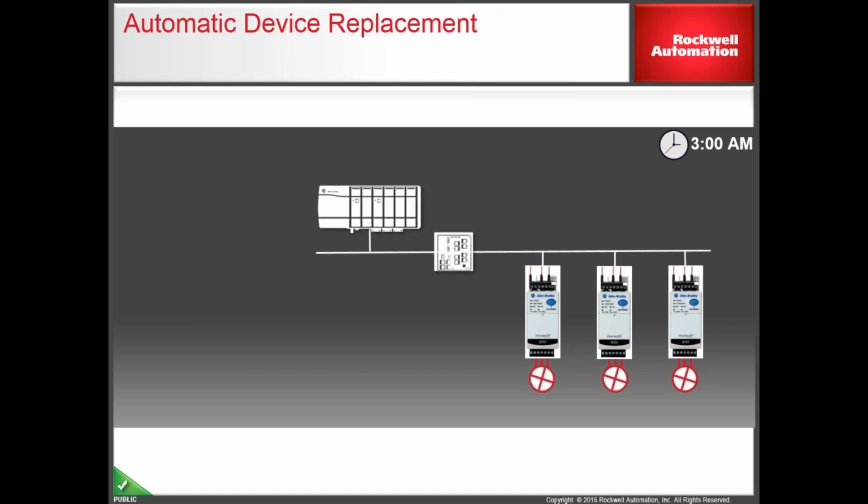What the Stratix switch is nice to do is it automatically sets the IP address for you. So if I replace one and the IP address was wrong, it wouldn't automatically, I would need the Stratix switch. In that case, it would not. If the IP address was wrong, then that's when the Stratix switch comes in and sets it correctly for you.